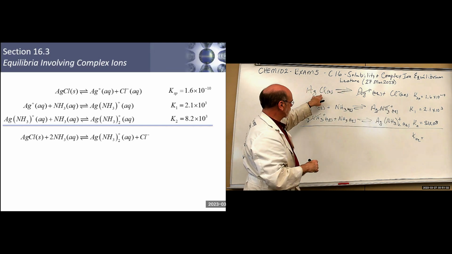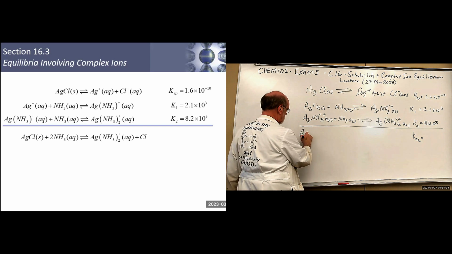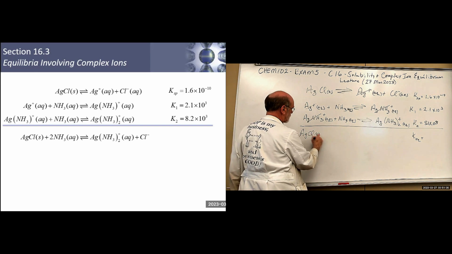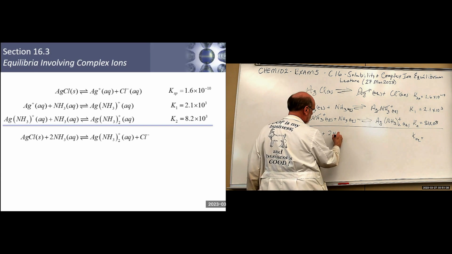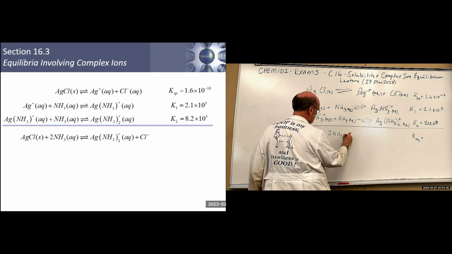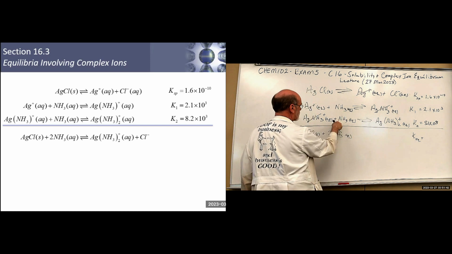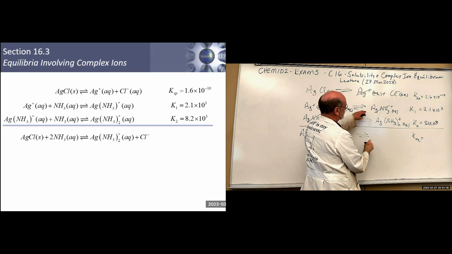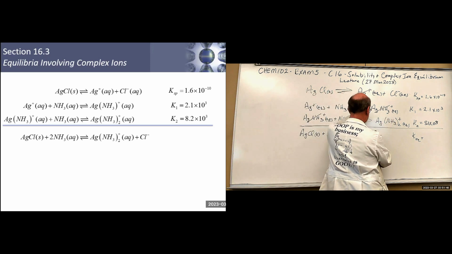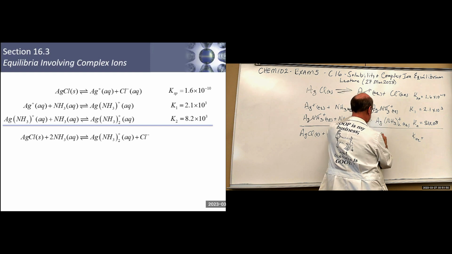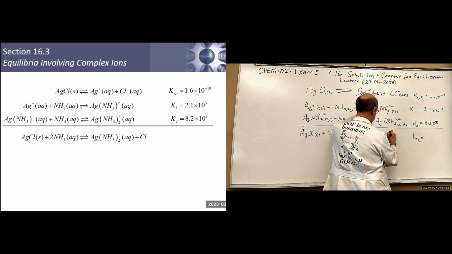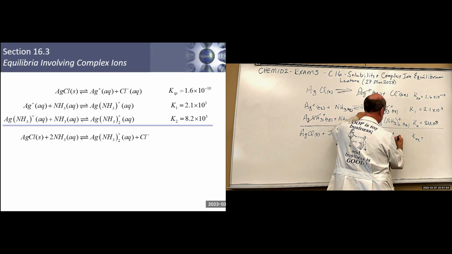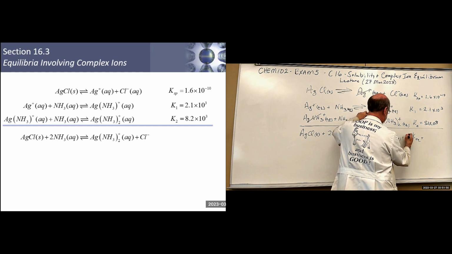So we've got silver chloride, solid, plus 2 ammonias, one here, and that yields the complex ion in aqueous solution plus chloride.